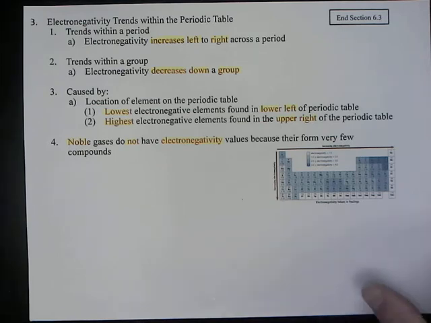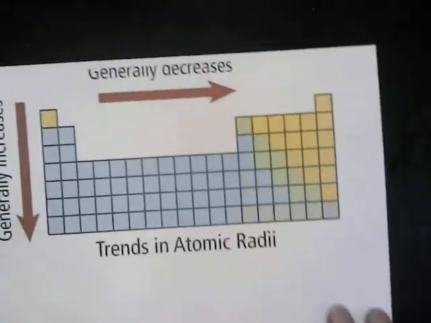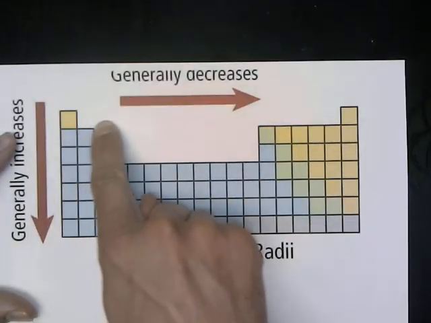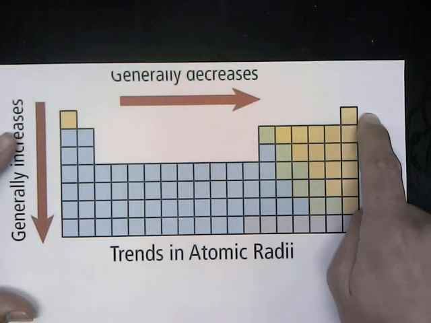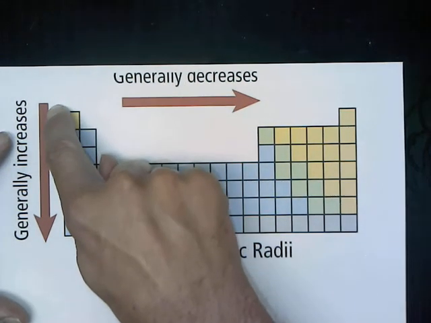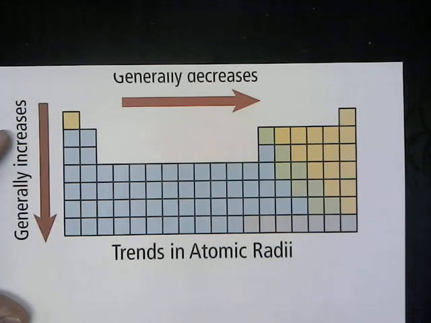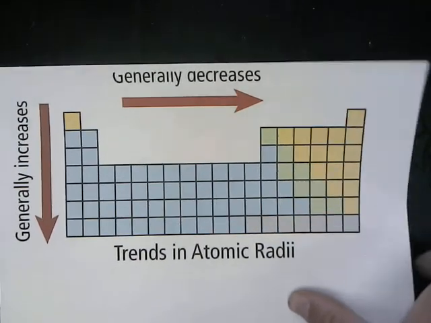Okay, so the last things here, you don't have to write any words down. I just want to review our trends, and we start here with our atomic radius. As we move left to right in a period for atomic radius, the radius is going to decrease. As we move from top to bottom in a group, the radius increases, and that is for atomic radii.